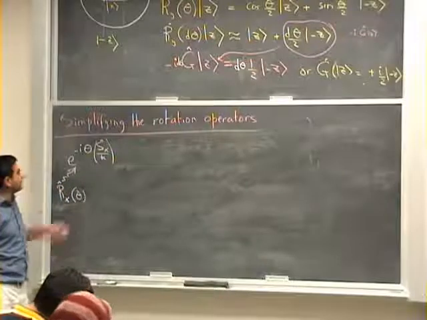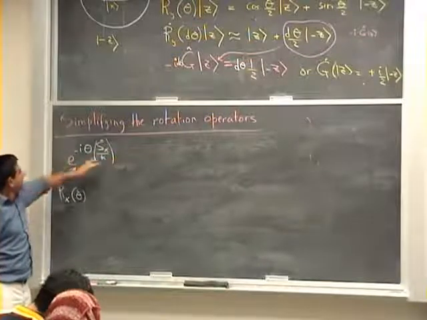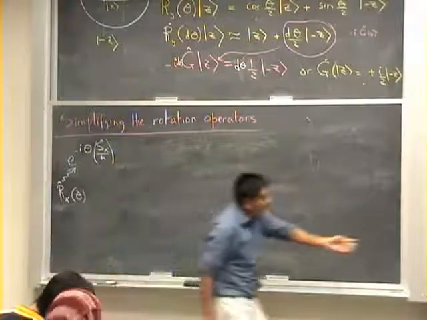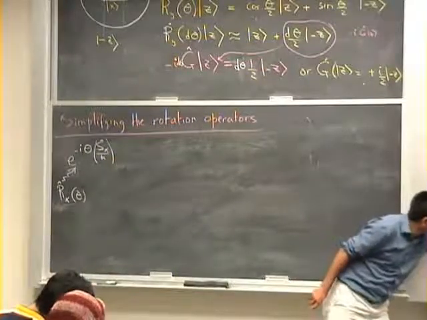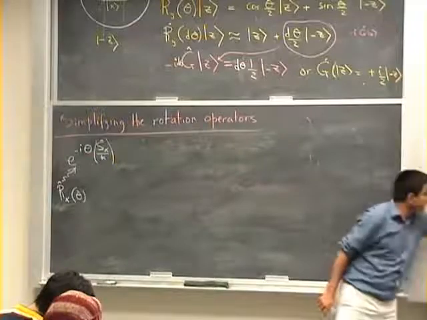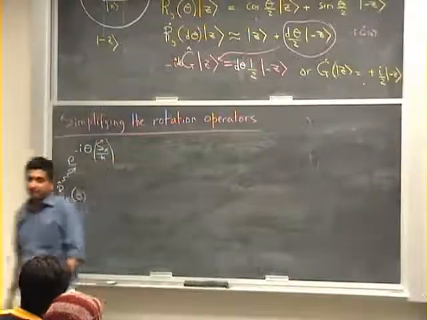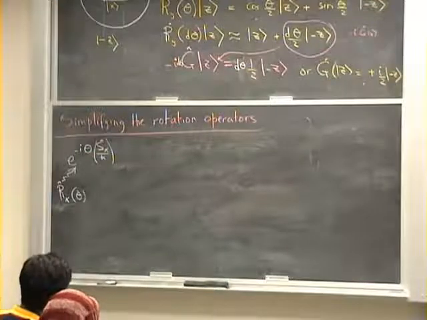Now what we would like to see is whether our exponent is in this form or not. I would like to see if my operator, which is being exponentiated, has a square that equals the identity. Okay?